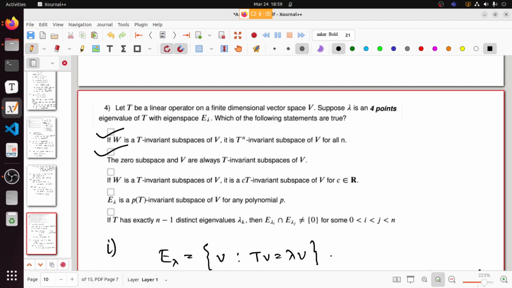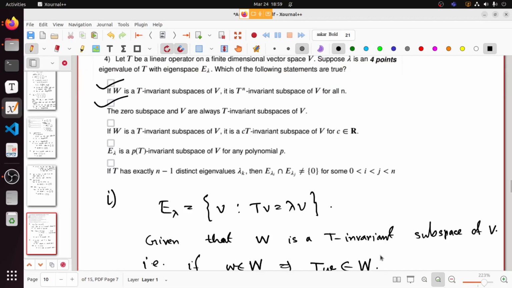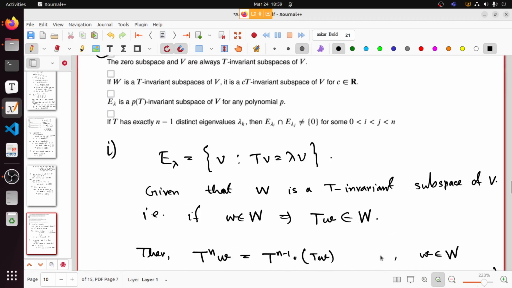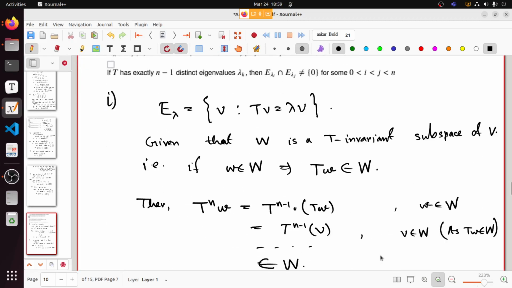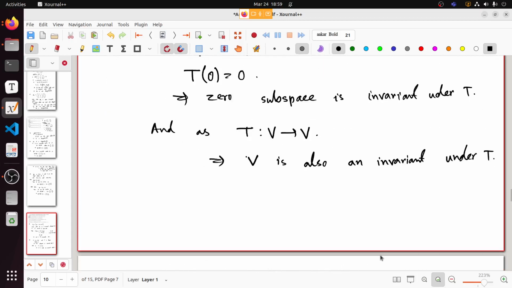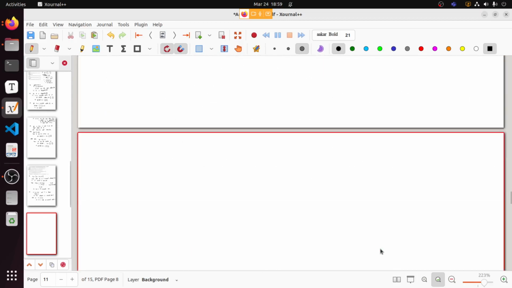If W is a T invariant subspace of V, then it is a cT invariant subspace of V, right? So now you have to check it is invariant under cT. So option number 3, what is given is that W is a T invariant subspace.